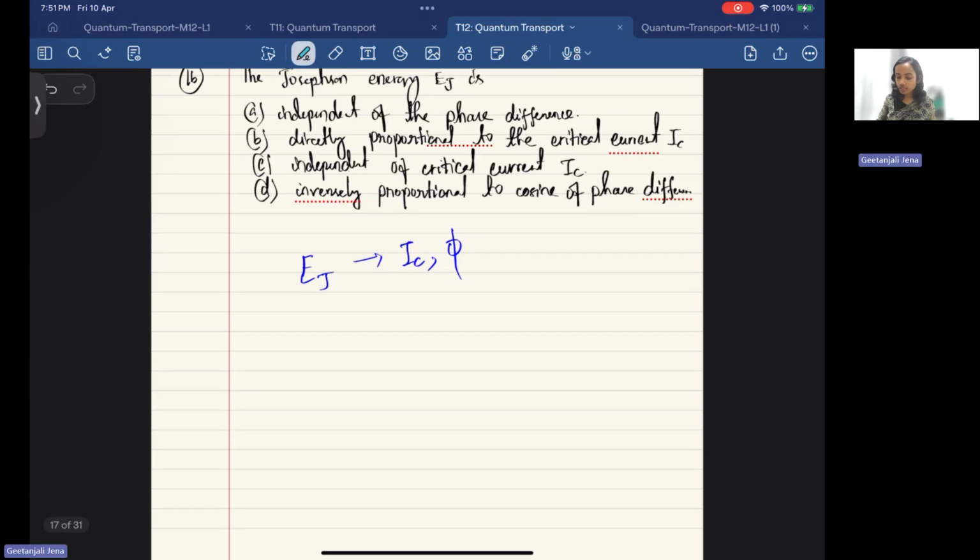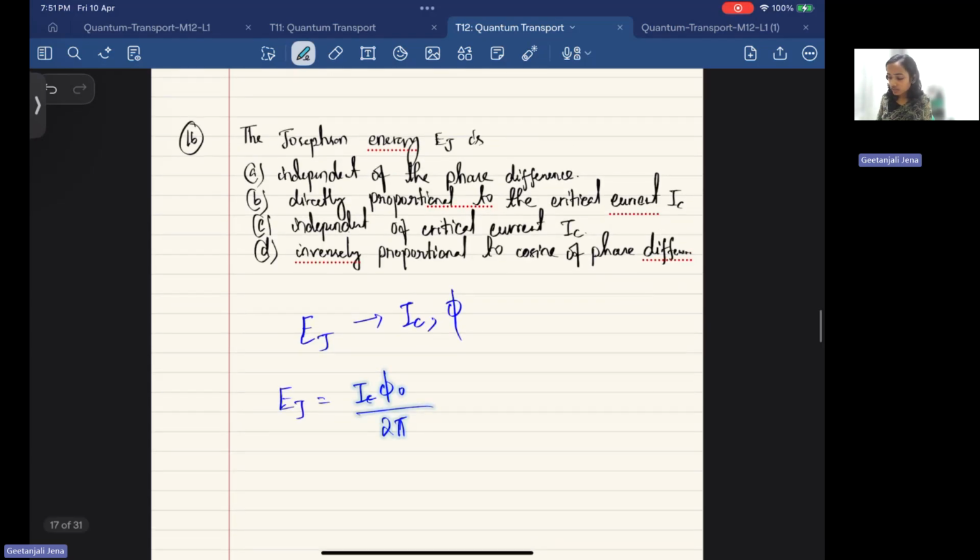So if you recall, EJ is given by IC times phi 0 by 2 pi. So that means EJ is directly proportional to the critical current. So option B is one of the answers.